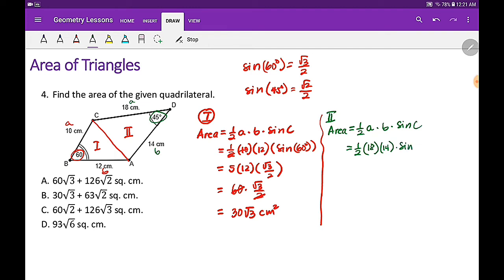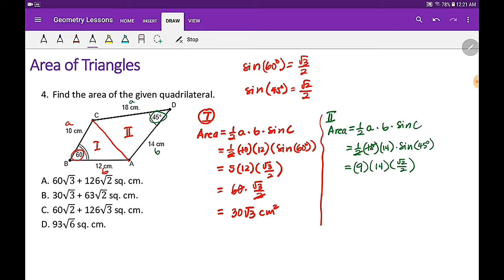sine 45 degrees, which we already know. So now let's simplify: 1/2 of 18 is 9, times 14, times, well, sine 45 degrees is the square root of 2 over 2.